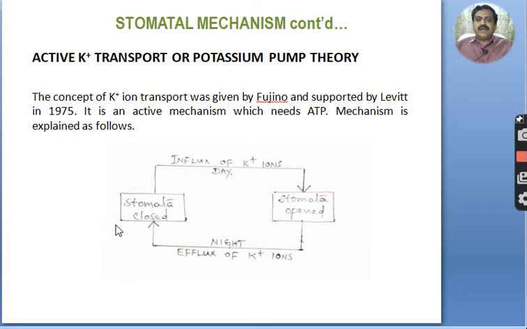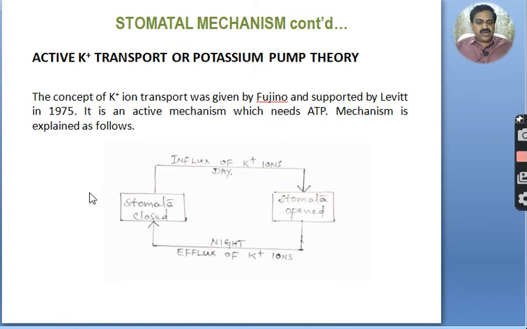Another theory which explains the mechanism of opening and closing of stomata is the active potassium transport or proton pump theory, the K plus H plus theory, otherwise called the potassium ion transport theory.